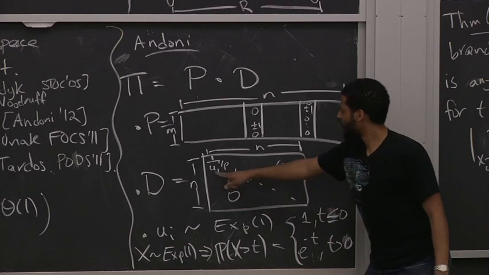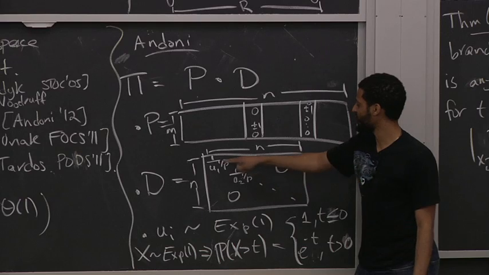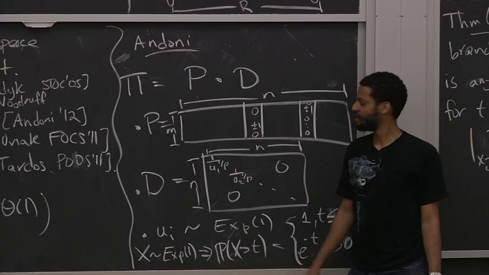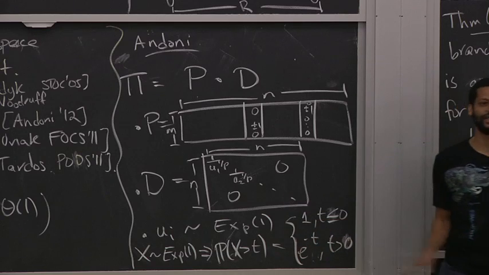And you're going to put a bunch of inverse exponential random variables on the diagonal with 1 over p in the exponents. So that's the matrix.